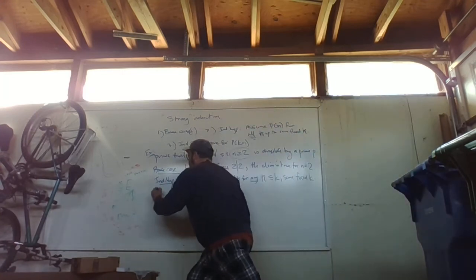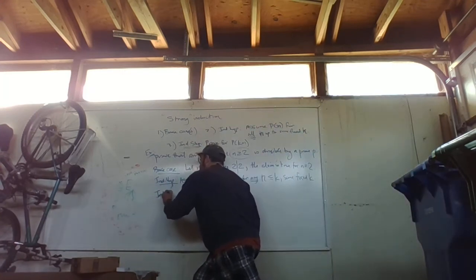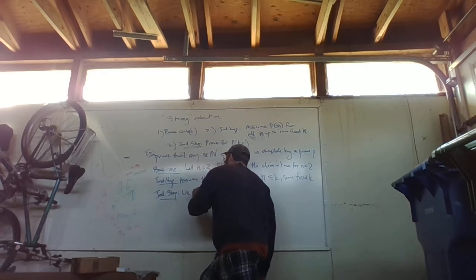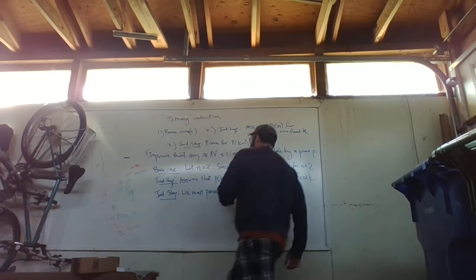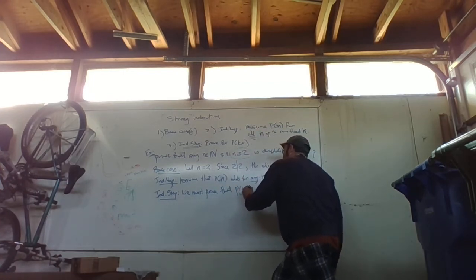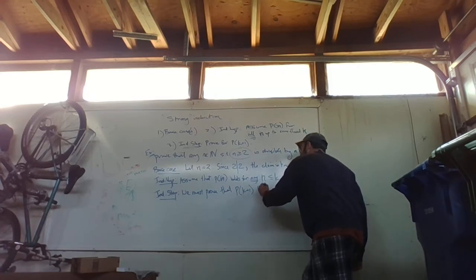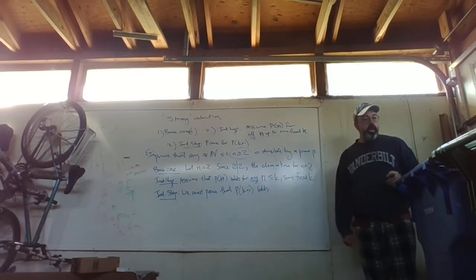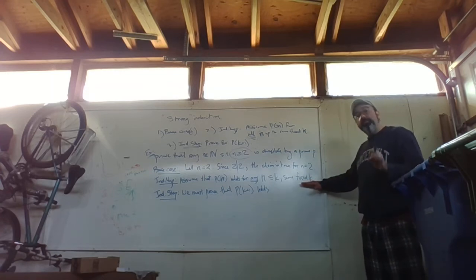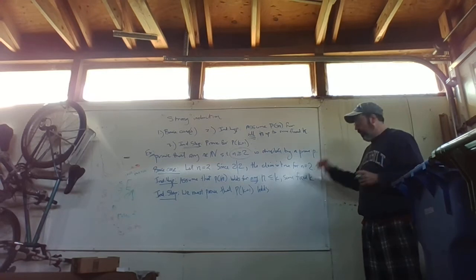in this particular case. So the inductive step, we must prove that P of k plus 1 holds. Having assumed it's true for all values up to and including k, we must show that it's true for k plus 1.